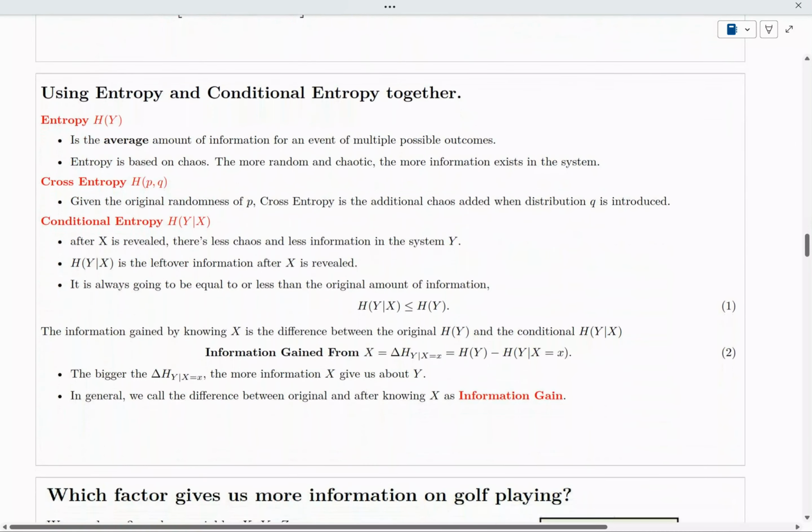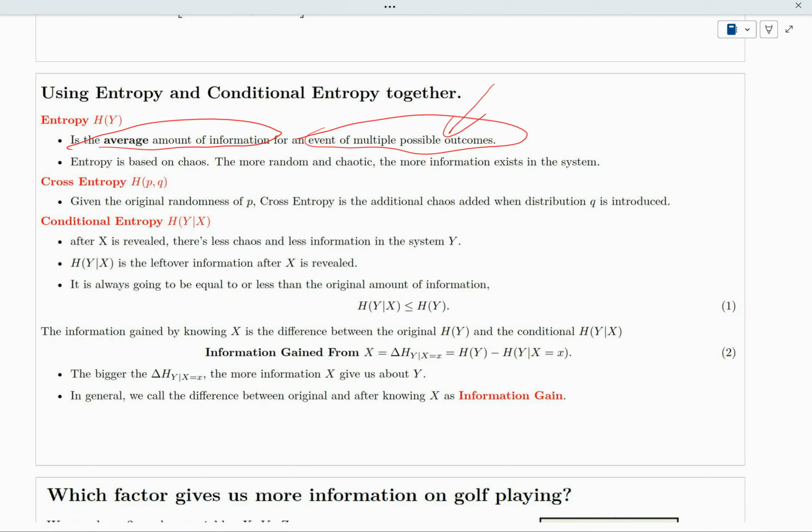We've covered the concept of entropy. If you remember from the information theory lecture, entropy is basically the average amount of information of an event with multiple possible outcomes. This is what happens before something happens. It's a way of measuring the amount of chaos in the system.